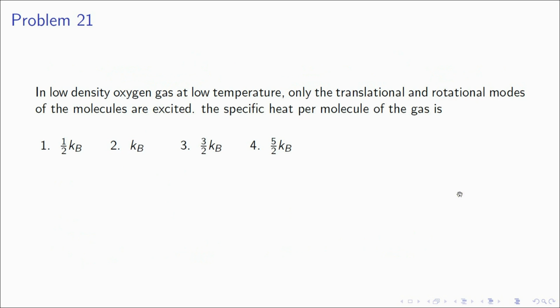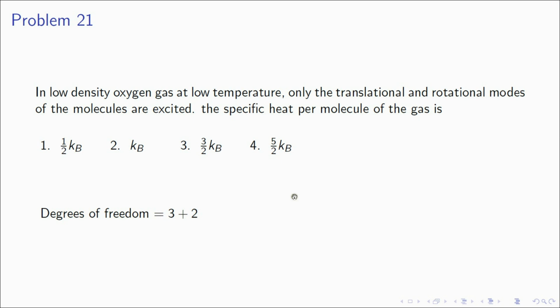Okay, so next one is this. This is a simple problem. It says in low density oxygen gas at low temperature, only translational and rotational modes of molecules are excited. So what is the specific heat per molecule of the gas? Basically it has 3 translational degrees of freedom, and it has 2 rotational degrees of freedom.